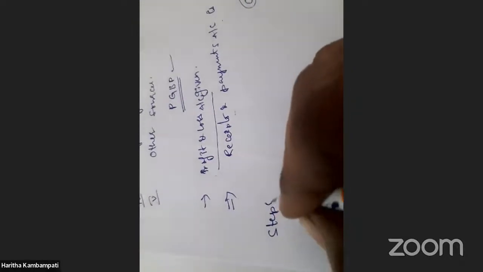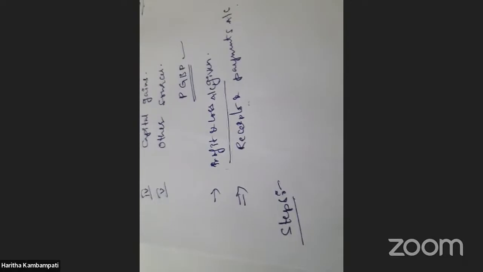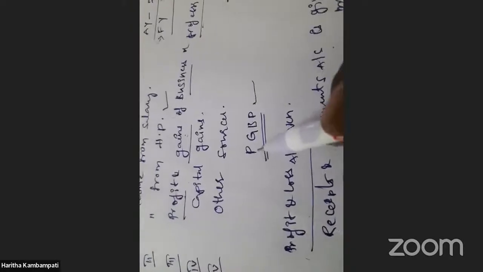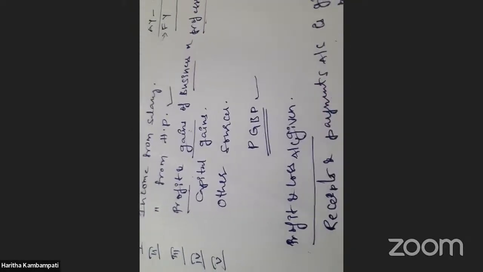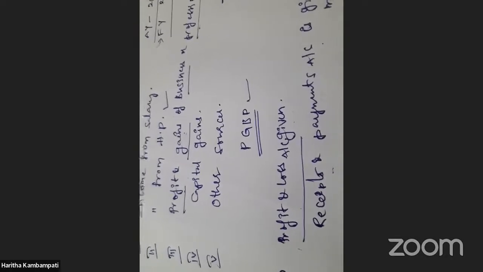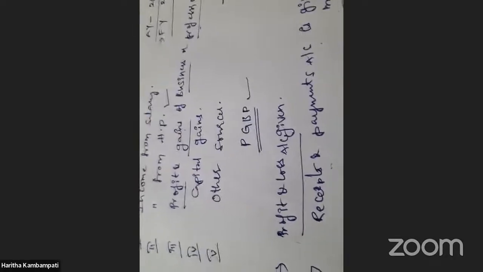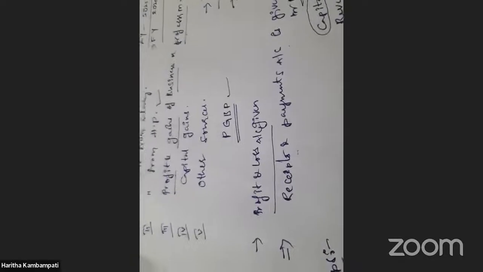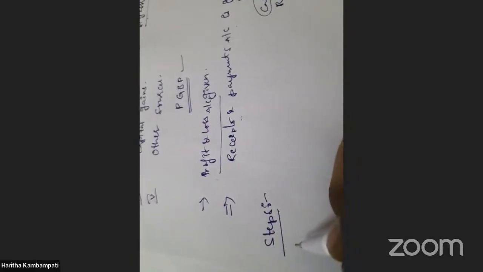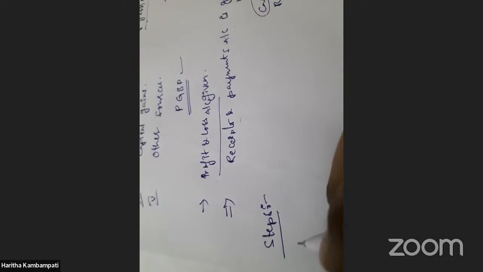First of all, what steps are required in order to compute taxable income from profits and gains from business or profession? Please note these steps.